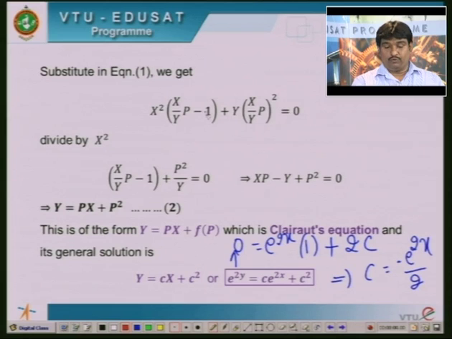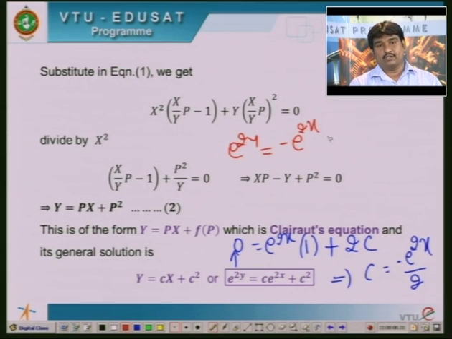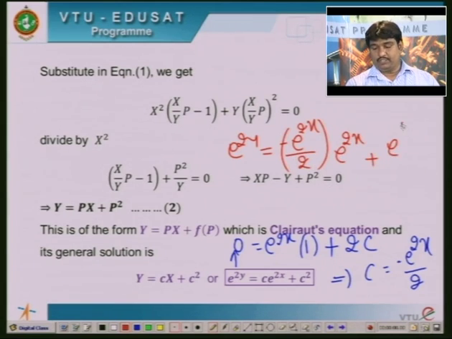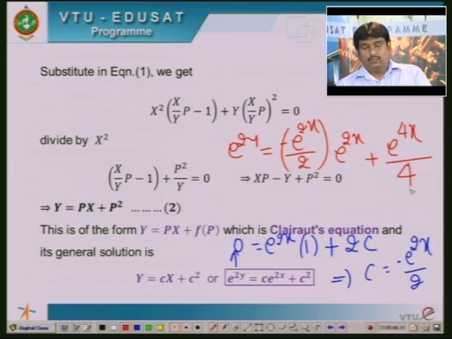So e to the power of 2y equals c. c is minus e to the power of 2x divided by 2 into e to the power of 2x plus c square, which is e to the power of 4x divided by 4. If you want, you can simplify this.